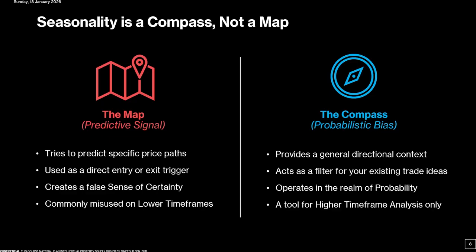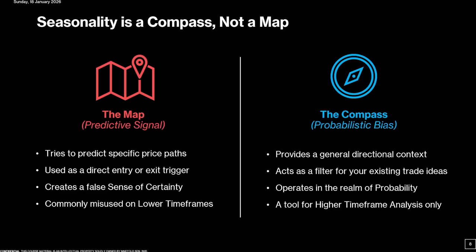So that is the wrong way to use seasonality. The way that we want to be using seasonality or seasonal tendencies is the same way a professional utilizes seasonality. And it's utilized instead of a map, it's utilized as a compass, an almanac.